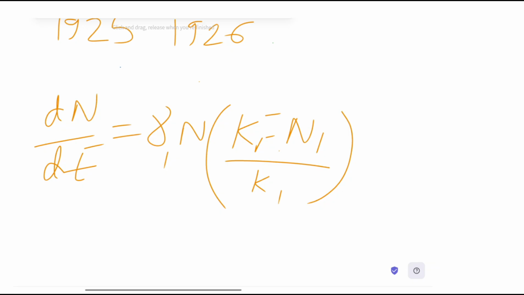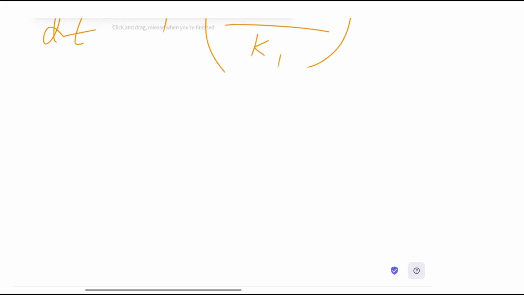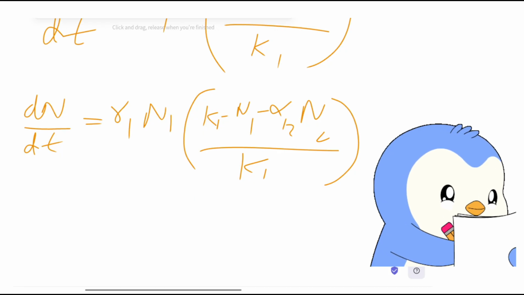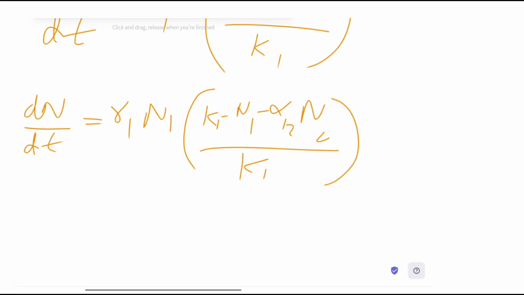And the Lotka-Volterra equation for species 1 in the presence of species 2 will be represented as follows: dN1/dt = r1N1(K1 - N1 - alpha12 N2)/K1. Here N1 represents the negative effect of intraspecific competition on logistic growth, and alpha12 N2 represents the negative effect of interspecific competition.